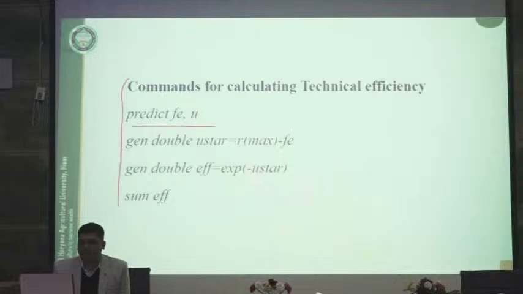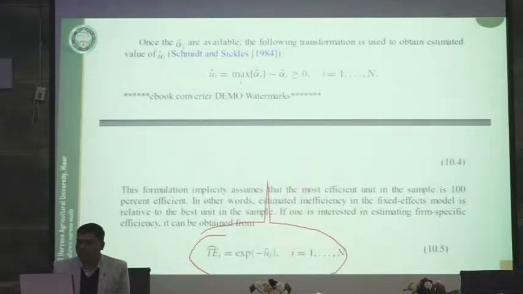First we have to predict u, the inefficiency term, then generate a new variable, that is the maximum of ui's minus that ui's. You can check from here, maximum of alpha_i minus alpha_i cap.